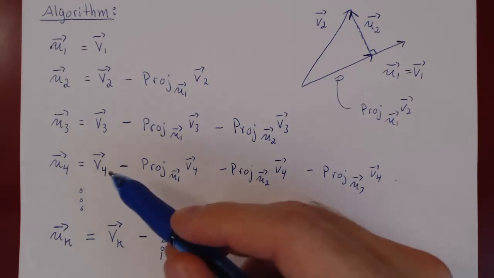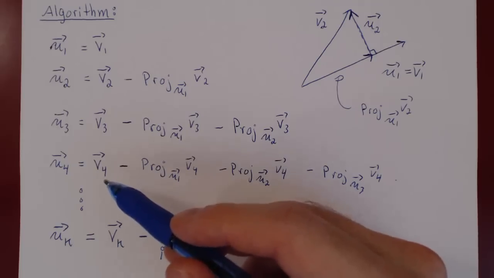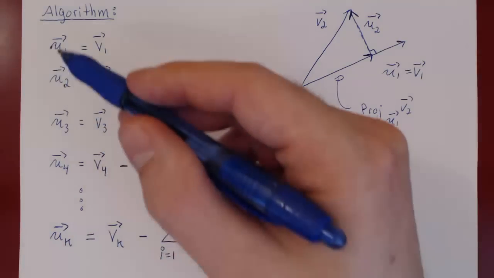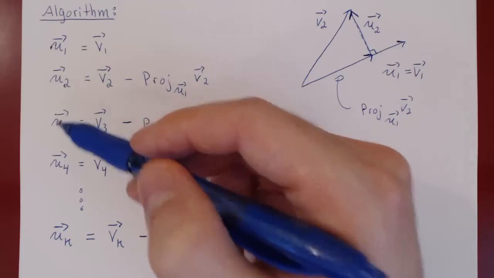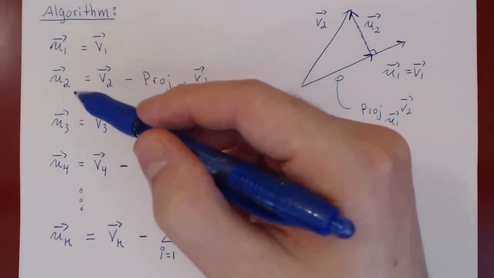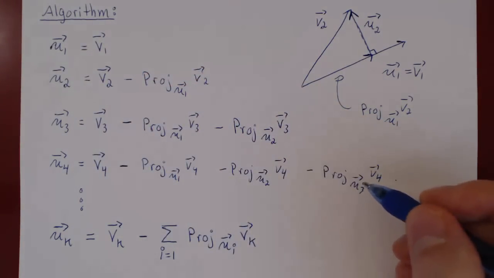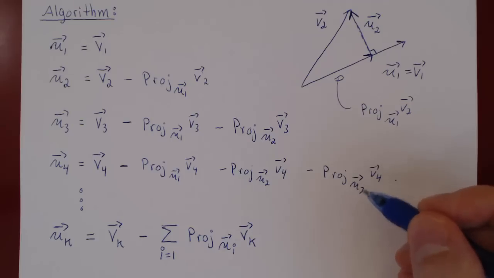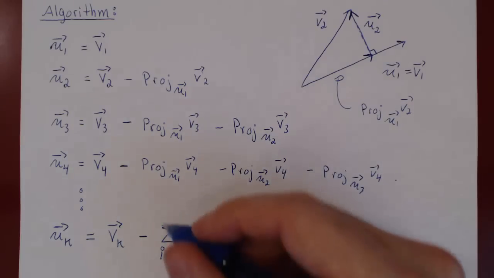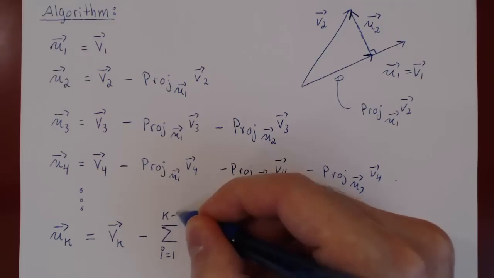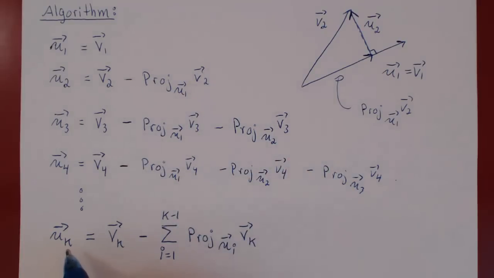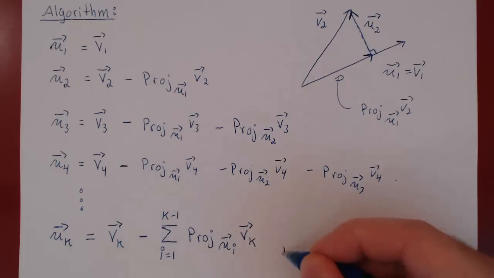You see, if you have v4, there are only 3 previously found new basis vectors. So it doesn't stop at u4, but at u4 minus 1. So i goes up to k minus 1. Because before k, you only have k minus 1 new basis vectors.